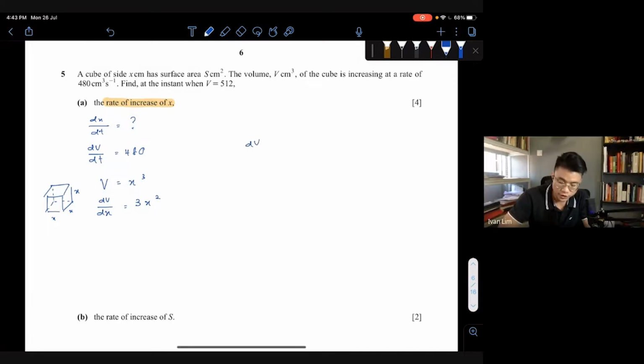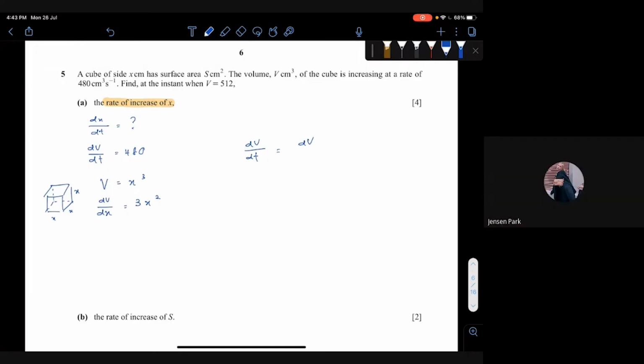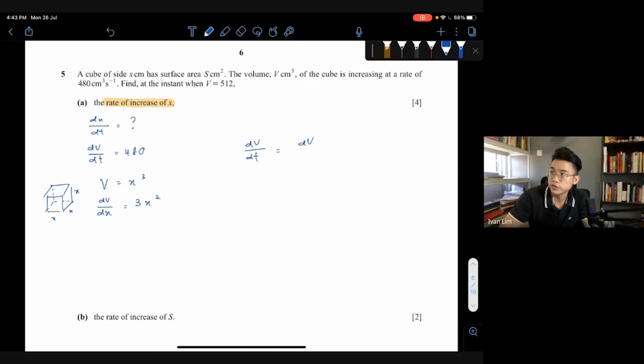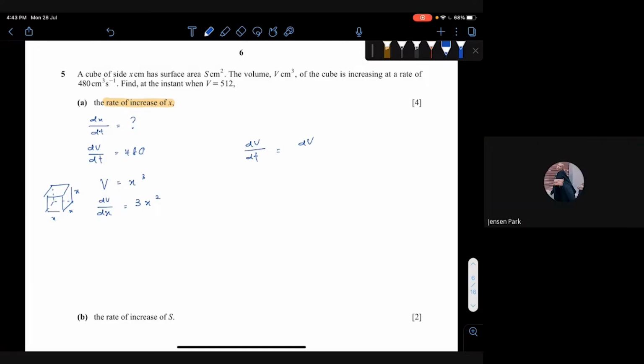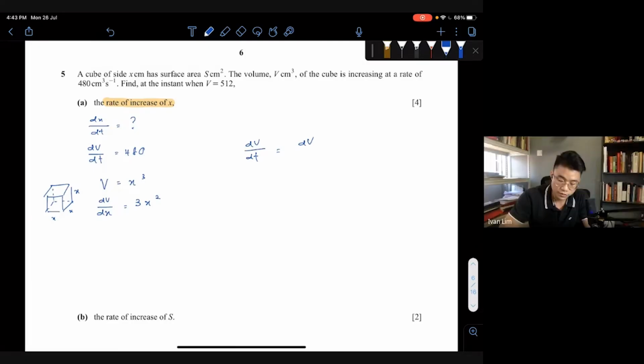Or you can write it as dv over dt equals dv over dx times dx over dt. You don't want to change so much the up and down.